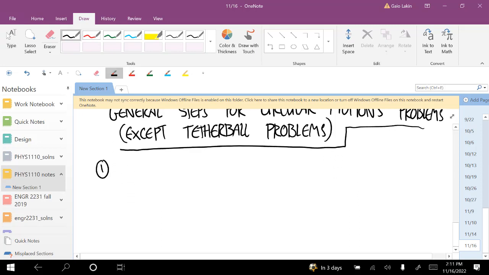So the first one is choose a view of the problem where you can see the circular path. Or let's say where the path is visible as a circle.